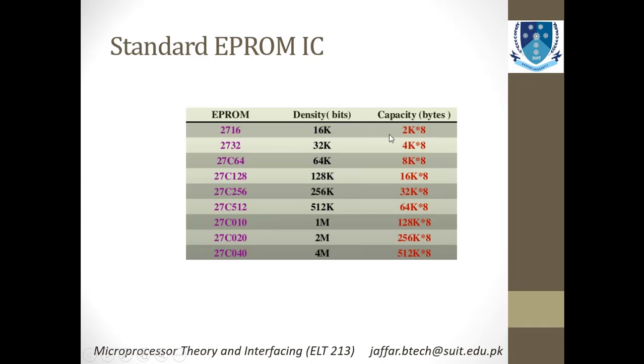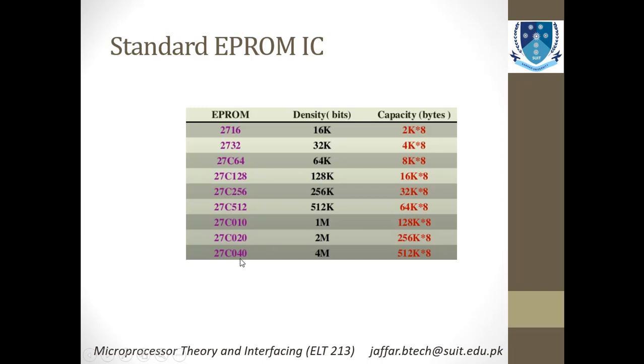That means 2K multiplied by 8. This means 16K. So similarly, this 2732 provides you 32K. This 27C64, this 64 means this is providing you a density of 64K bits, or the capacity will be 8K multiplied by 8. And similarly, this is for 256, this is for 512, this is for 1 MB, this is for 2 MB, and this is for 4 MB.